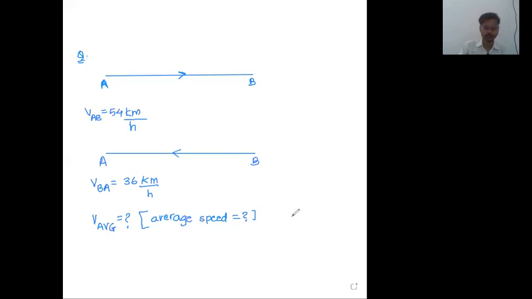Okay, Devi has given the answer as 43.2 kilometer per hour.